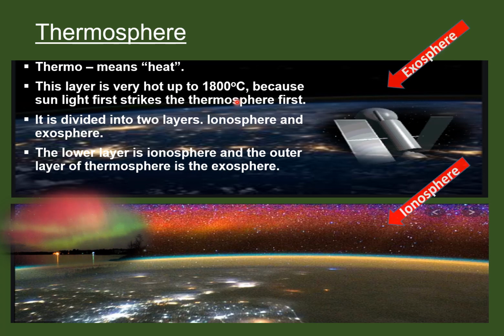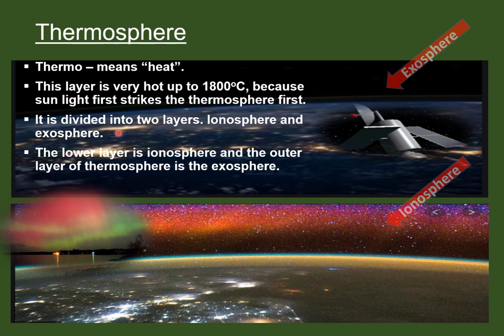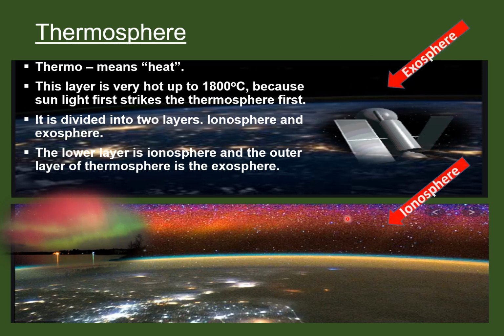This layer is divided into two layers. One is ionosphere and another is exosphere. The lower layer is ionosphere and the outer layer of the atmosphere is exosphere.